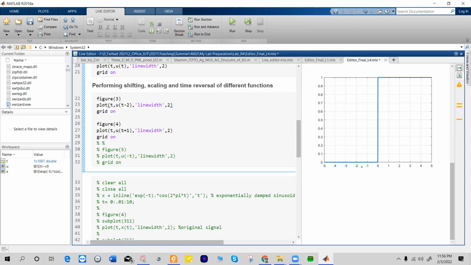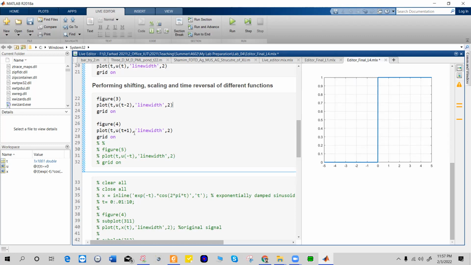If the time is in seconds, then u of t minus 2 will ensure that the whole signal u of t is shifted towards the right by 2 seconds. And u of t plus 1 will ensure that the signal is shifted towards the left by 1 second.